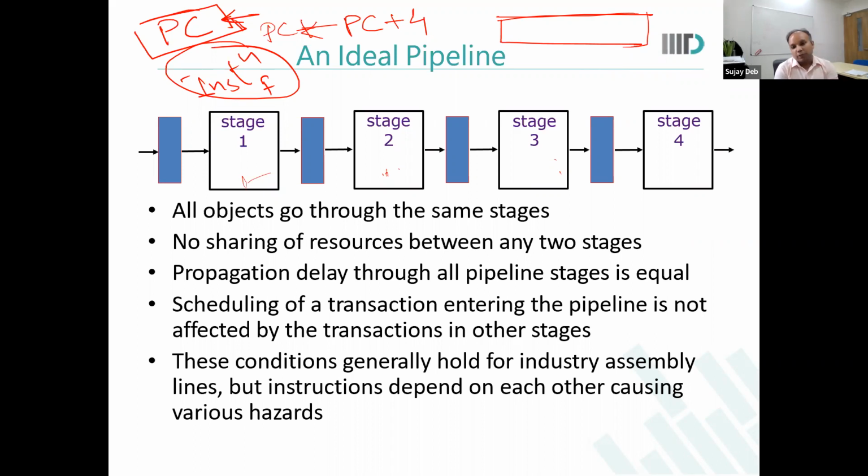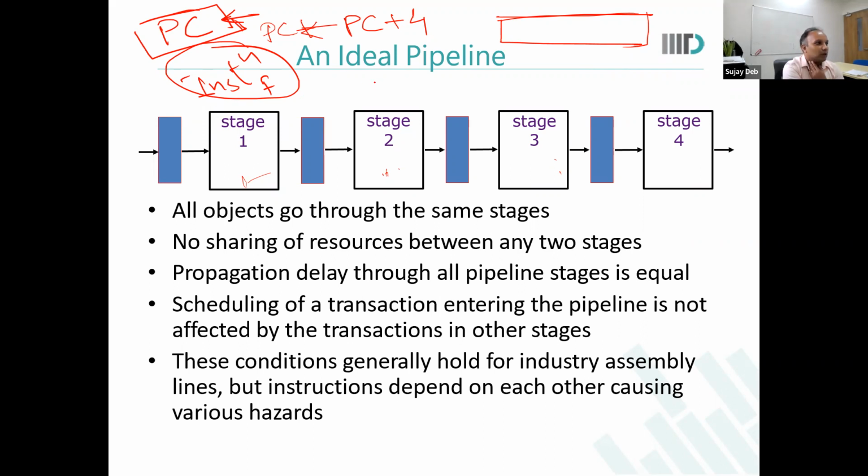If it is a multiply operation, then I have to tell the ALU that it's a multiply, not add. So depending on this 5-bit opcode, I will generate different control signals which will be required for different stages. That will be done in this second stage.